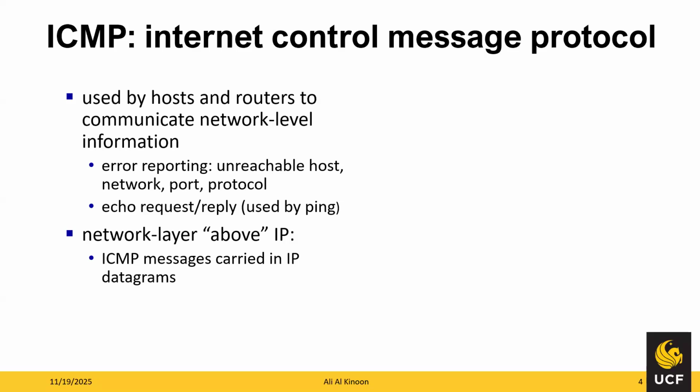So ICMP is going to support echo request and reply. An echo request is sent maybe by the network admins, and then a reply comes from the actual device itself, to see if the device is pingable or how long it takes to respond. Now, ICMP, to keep in mind, is also considered a network layer protocol above IP.